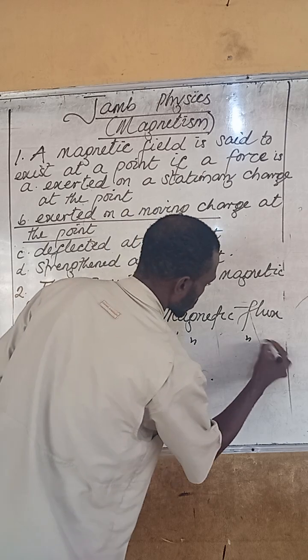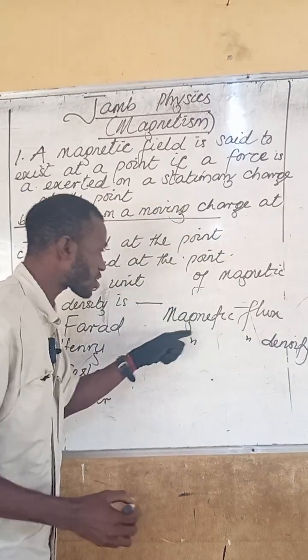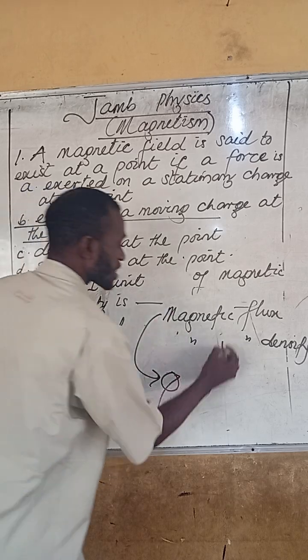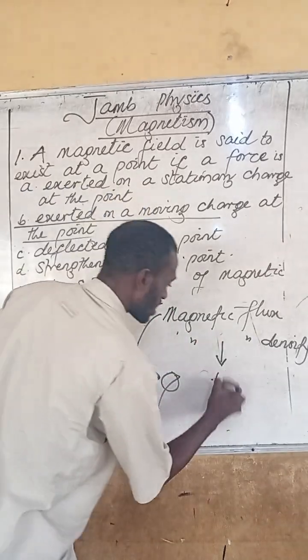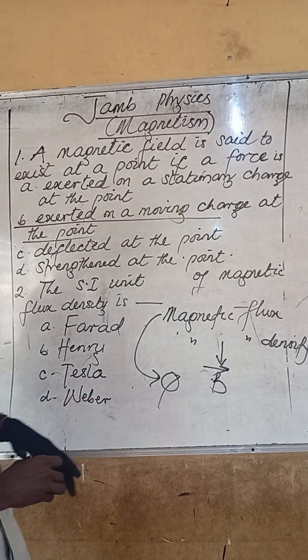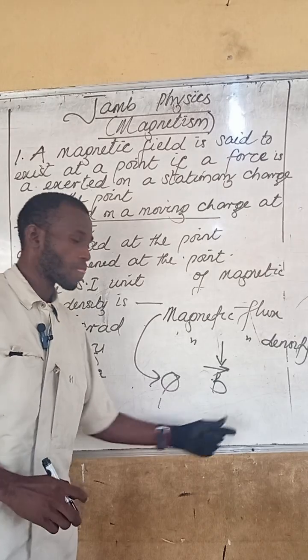and magnetic flux density. Now, magnetic flux is denoted by phi. Magnetic flux density is B, vector B. Is that okay? And this one is scalar, this one is vector.